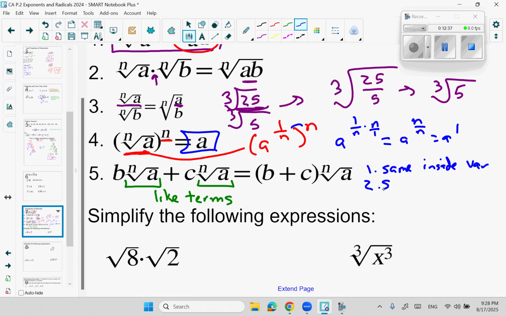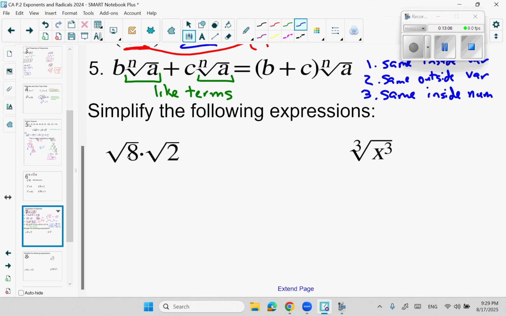You want the same variable on the outside, same outside variable. You want, let's see, the same number on the inside. Same inside number. Ooh, I think that's it actually. There might be another one. We'll come back to it if it comes up.